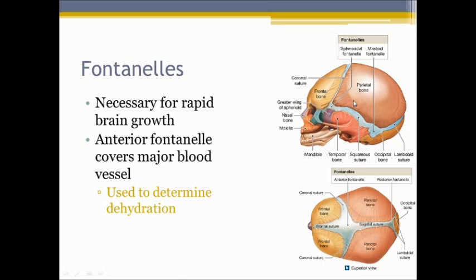So you have 4 different fontanelles. You have the posterior fontanelle. It's back here. It closes at around 2 to 3 months after birth. You have the sphenoidal fontanelle around the sphenoid bone. It closes around 6 months after birth.